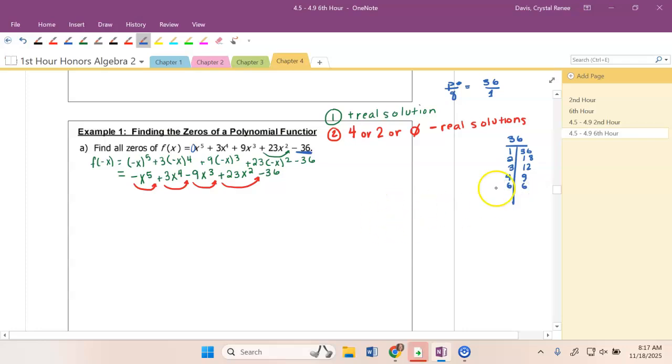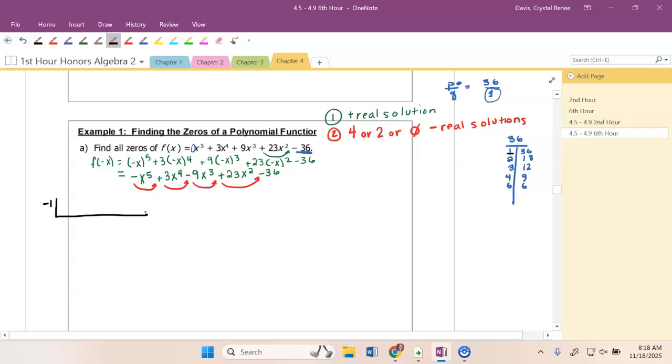Any of these can be positive or negative. Luckily for us, our leading coefficient is 1, so it's just these over 1. If I'm going to start with my negative real solutions, I'm going to start with negative 1 and see where it goes.